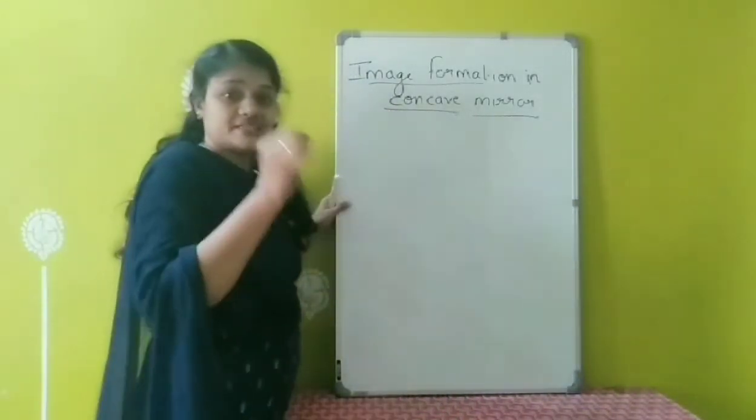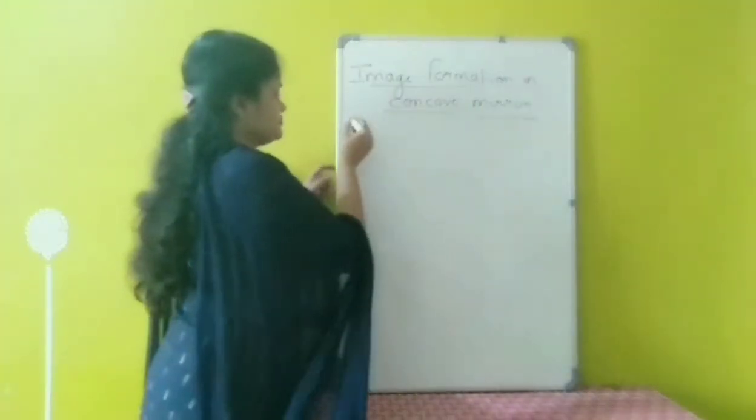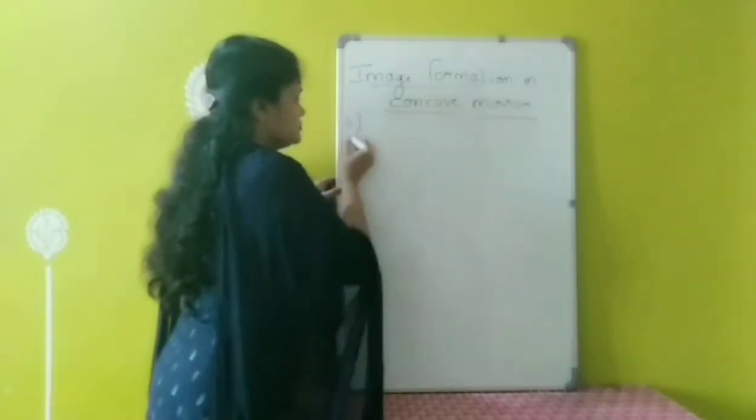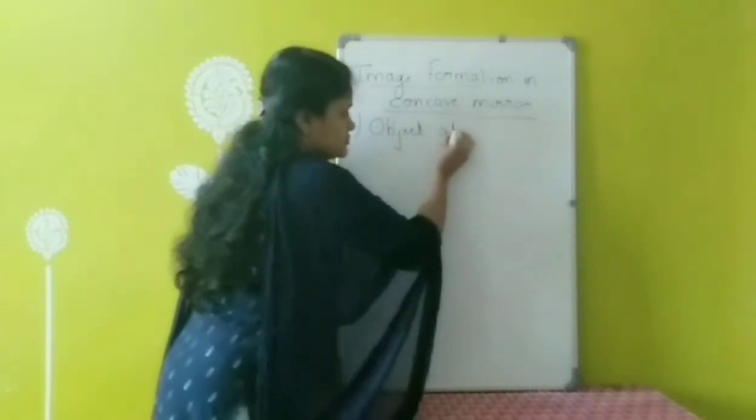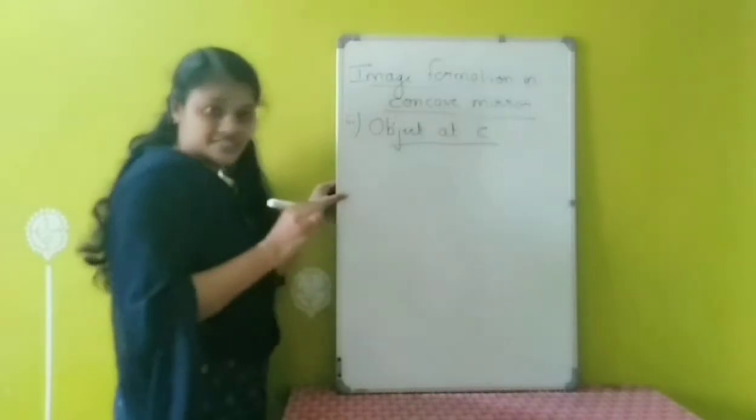Third one, object at C. Object at C means at the center of curvature.